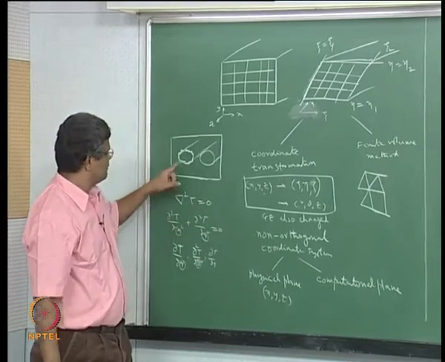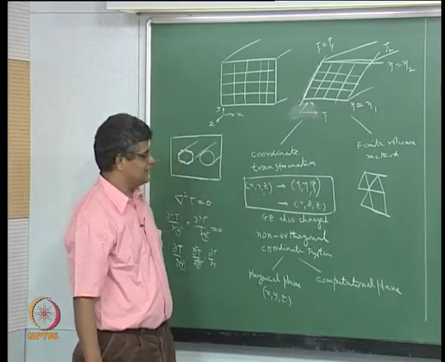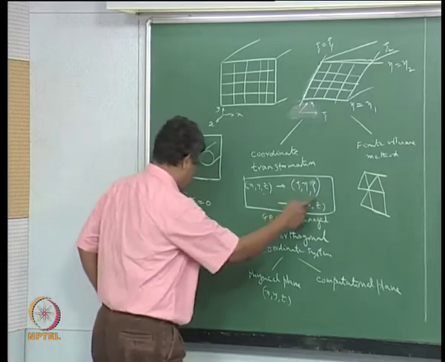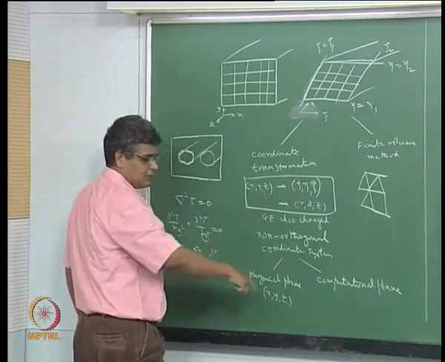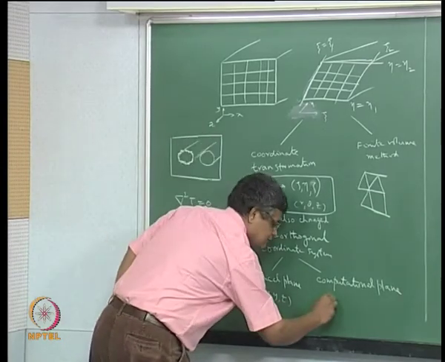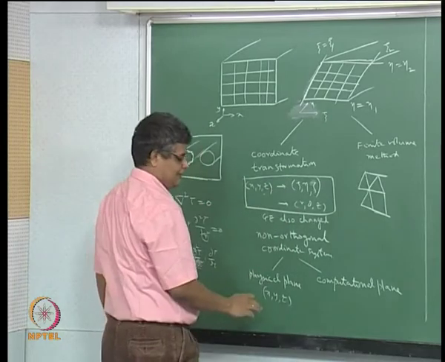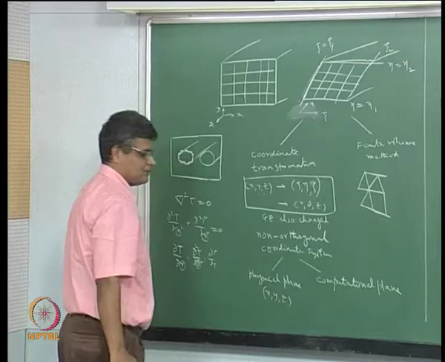We transform from this physical plane into psi, eta, zeta here, and then we transform our equations also from here into this. We compute the solution in the computational plane and then transform the solution back into the physical plane.